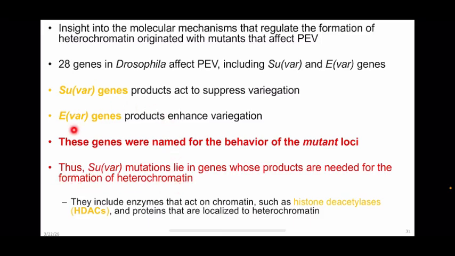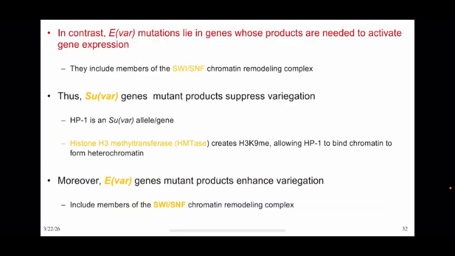If the mutation has not occurred, in their normal state they are enhancing the formation of heterochromatin instead of suppressing it. And these proteins include histone deacetylases, and we know removing acetyl groups causes the formation of heterochromatin. And also proteins that are localized to heterochromatin.